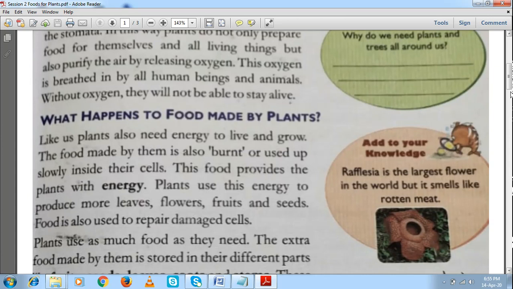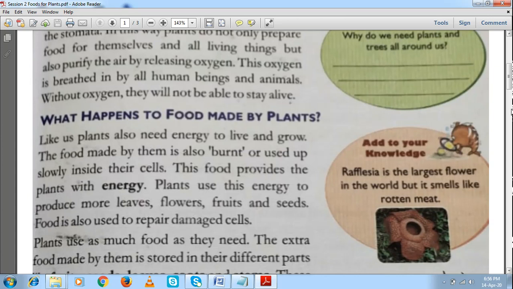Now, the question arises: the food which is prepared by the plant, what happens to that food? The way we need energy to grow, reproduce, and do various other day-to-day activities, in a similar manner plants also need energy for their growth, for producing more leaves, flowers, fruits, and seeds, even to repair their damaged and worn out cells. Plants use as much food as they need.